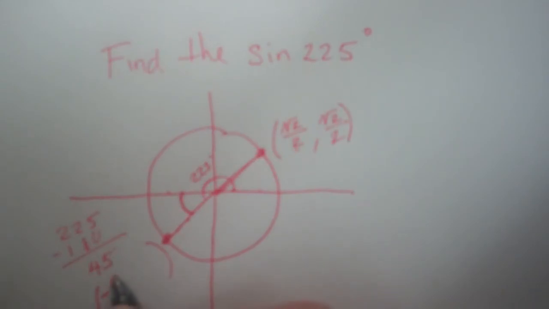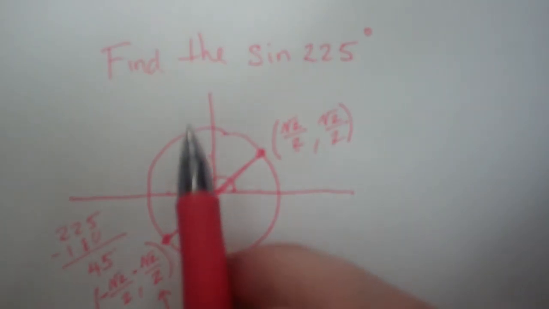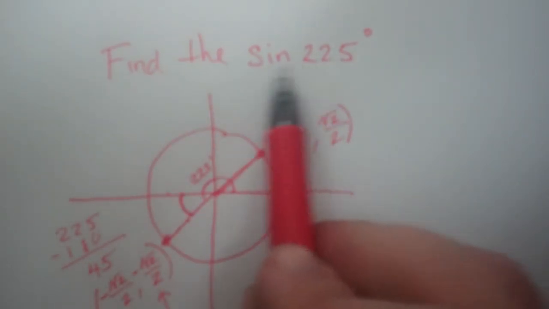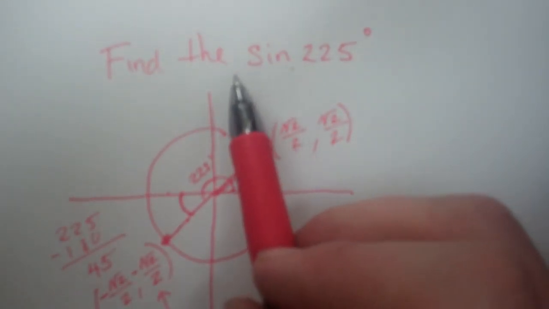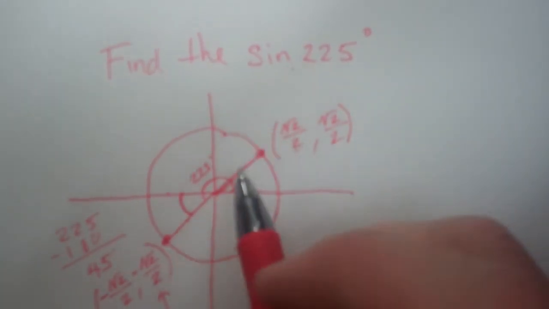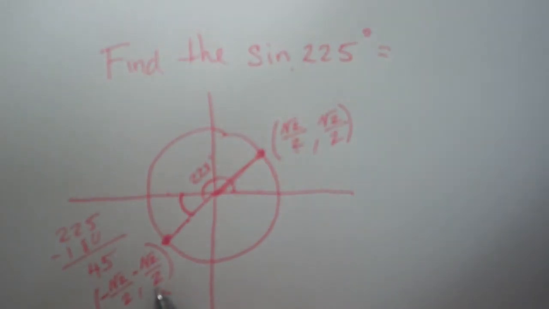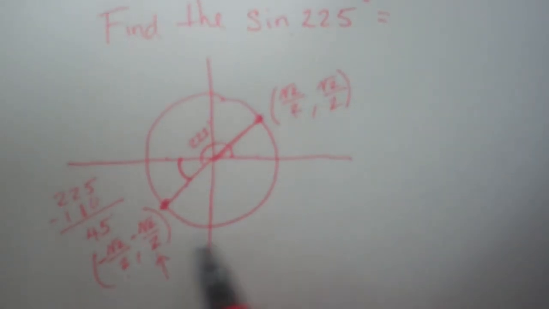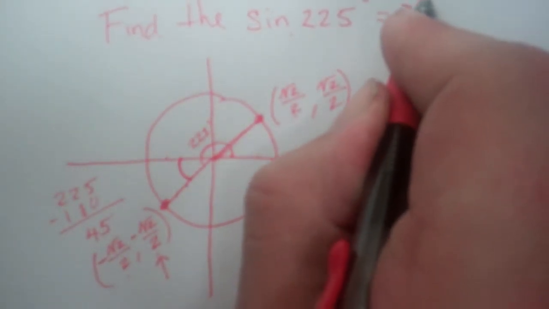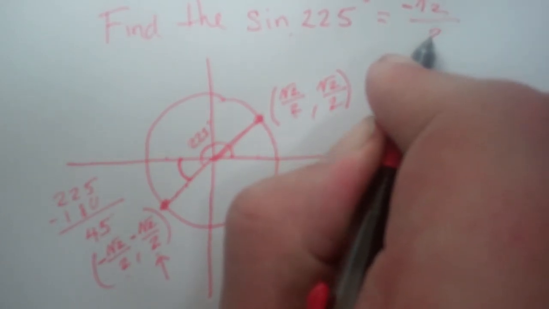So this one will be negative radical 2 over 2 and negative radical 2 over 2. Which of these is the sine? Well, the cosine and the sine. There is the sine, and it's asking us to find the sine of 225. And so the sine of 225 is equal to, it's showing us right there, negative radical 2 over 2.